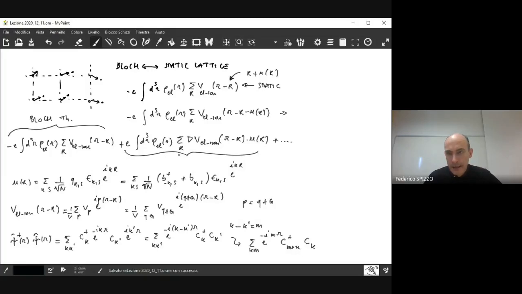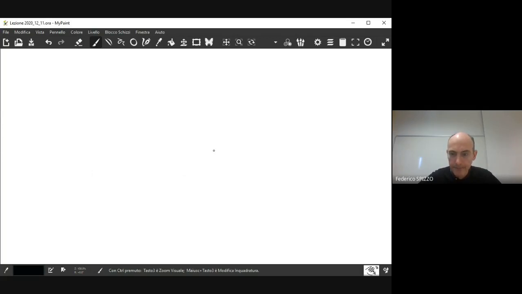Now there will be many indexes. I will try to control it so as not to miss anything, but please help me in checking that I use the right values of the indexes and the calculation is fine. So the full expression is we have the electronic charge in front of that. Then we have 1 divided by the volume due to the Fourier transform of the electron-ion interaction potential.